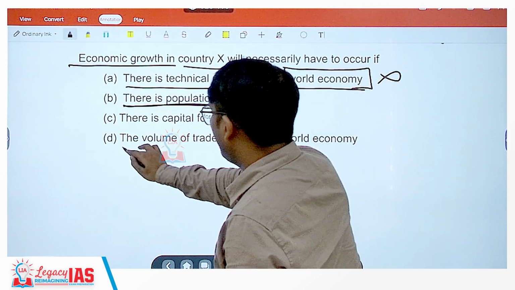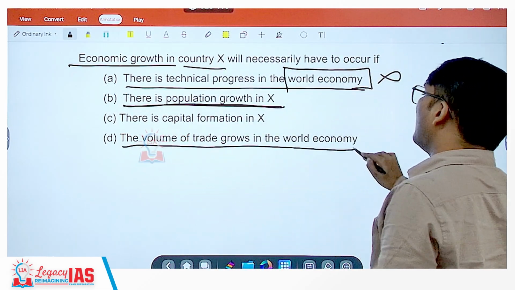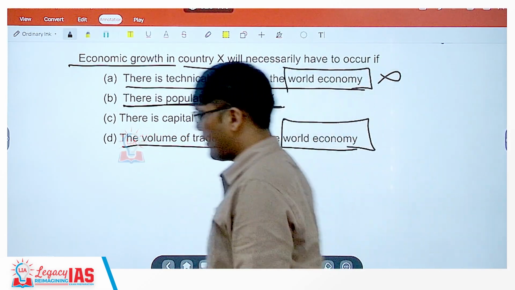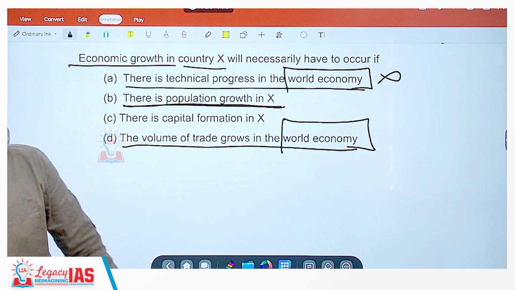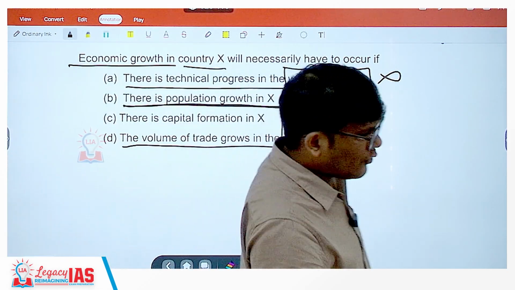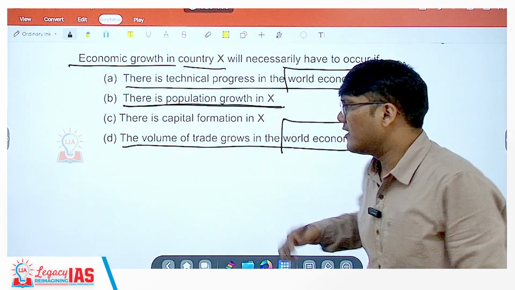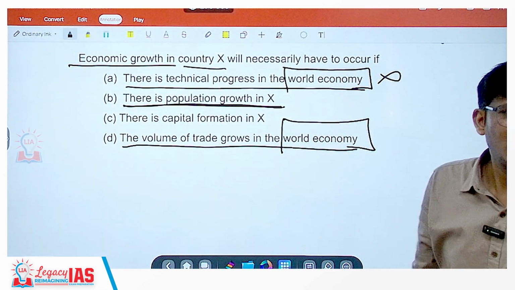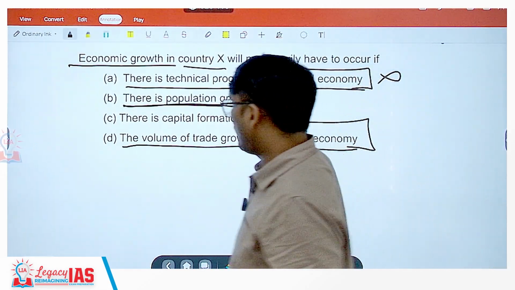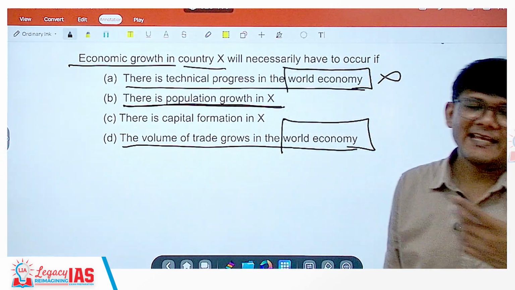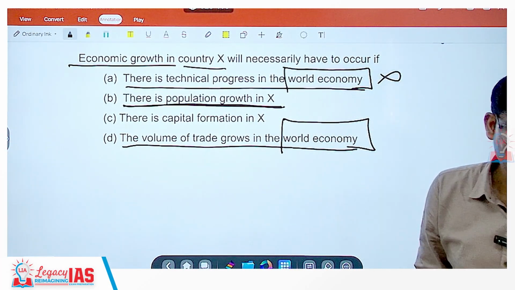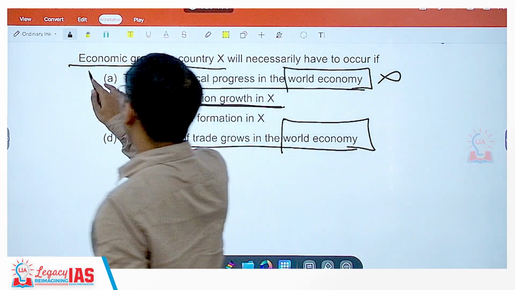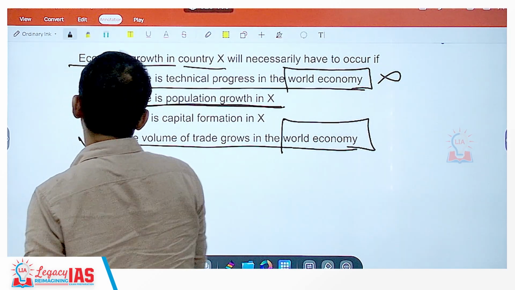Now, this says the volume of trade grows in the world economy. Again, it is growing in the world economy, not in country X. Also, even if they had said country X, just the growth of volume of trade doesn't mean economic growth, because trade can increase even when imports are higher. So this is wrong, this is wrong, this is wrong.